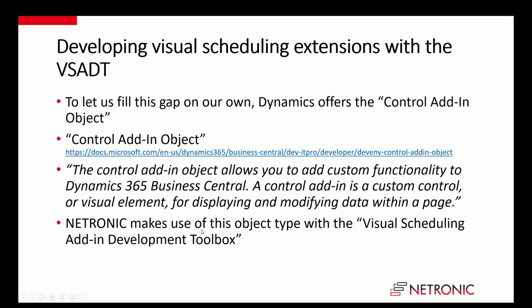The Control Add-in object allows you to add custom functionality to Dynamics 365 Business Central. A Control Add-in is a custom control or visual element for displaying and modifying data within a page. And we are making use of exactly this object type with the Scheduling Add-in Development Toolbox.